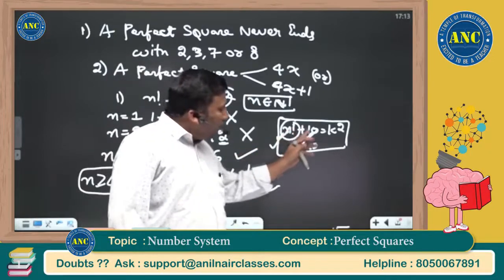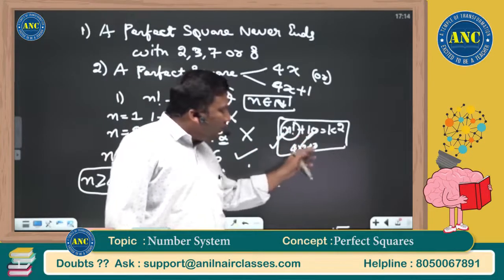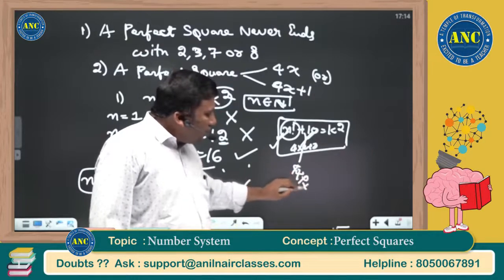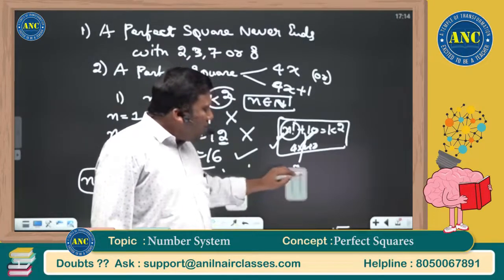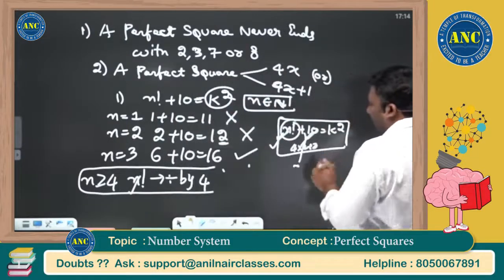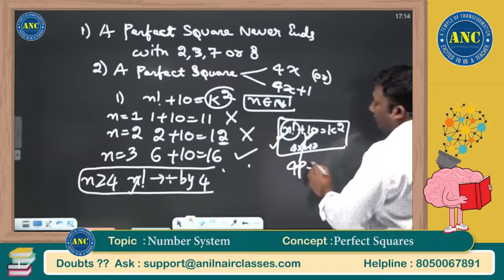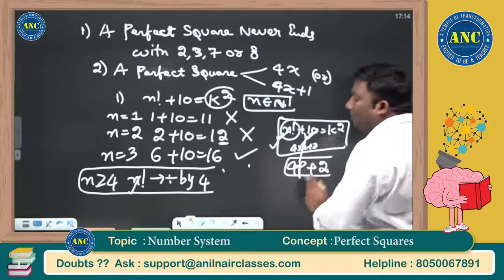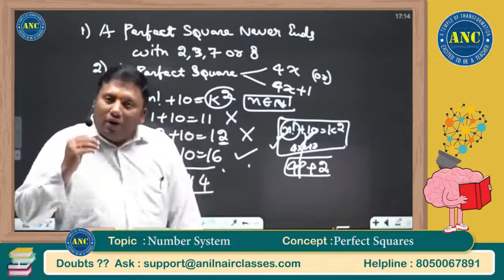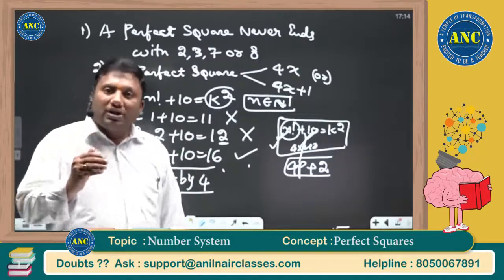These are divisible by 4, and 10 gives remainder 2. The left hand side will be 4 into something plus 2. But the right hand side is nothing but k square. K square is a perfect square. A perfect square will always be of the form 4 into something or 4 into something plus 1.